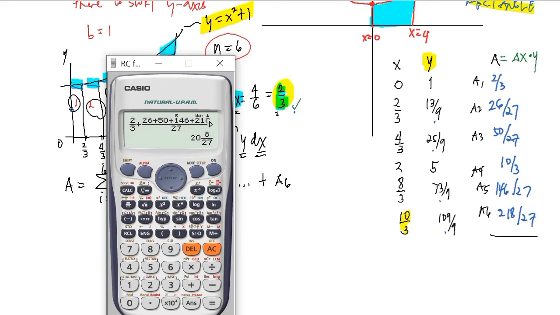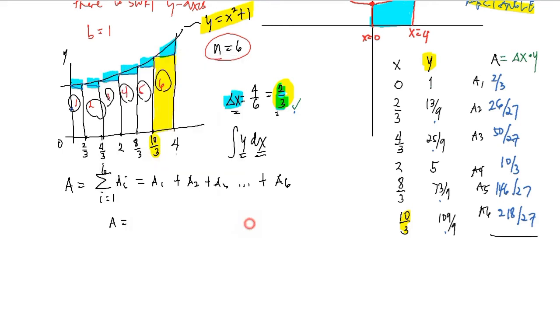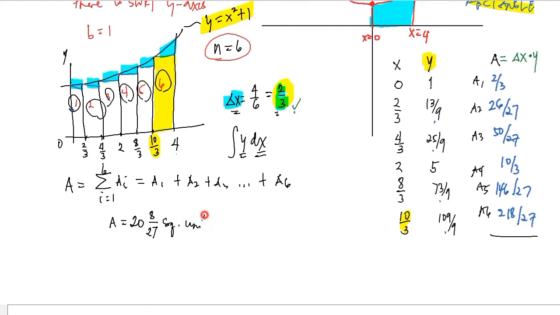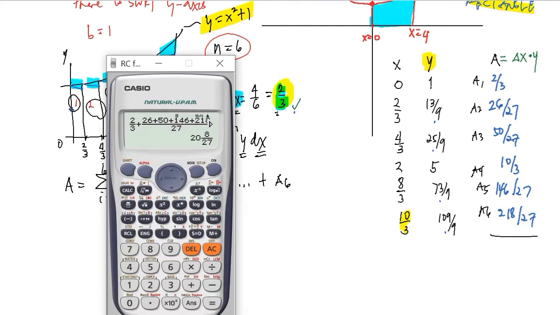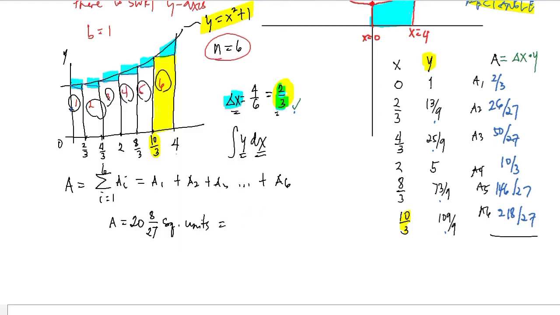So, nakadepende naman ito doon sa kung ano yung choices na nandun sa may exam. So, kung nakamixed siya na number, so it's 20 and 8/27 square units. Pero kung ito ay naka-improper fraction, then that's 548/27 square units.